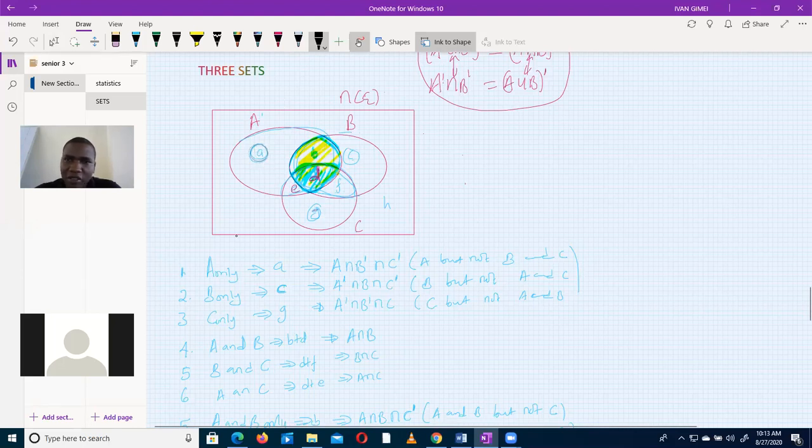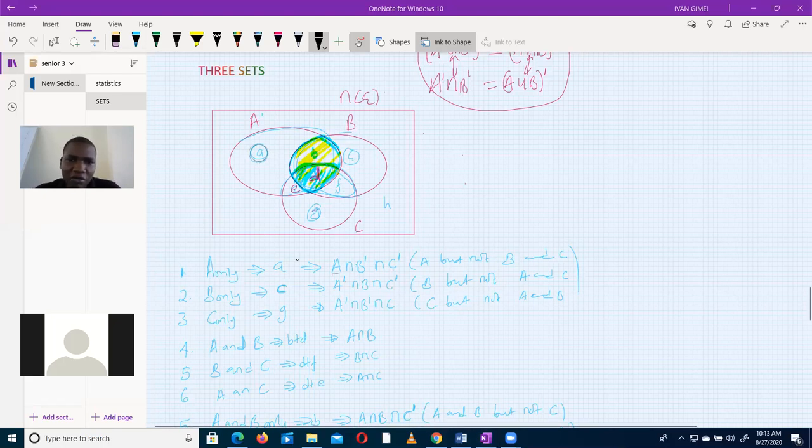But in set notation, they can say this region is A intersection B complement intersection C complement, or they can say A but not B and C, or A but not B but not C. They can use those terms there.